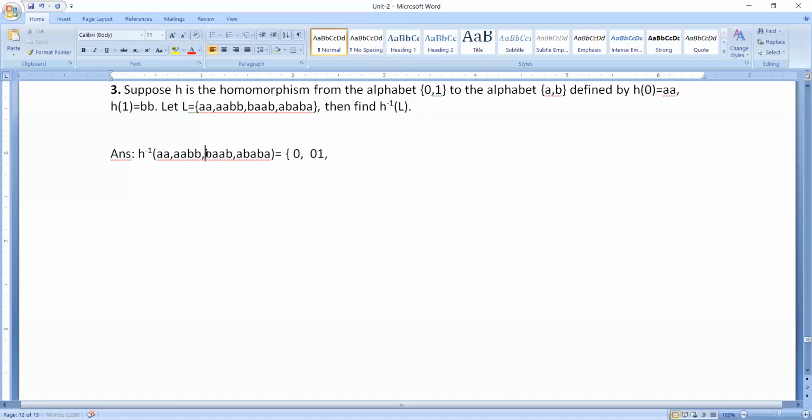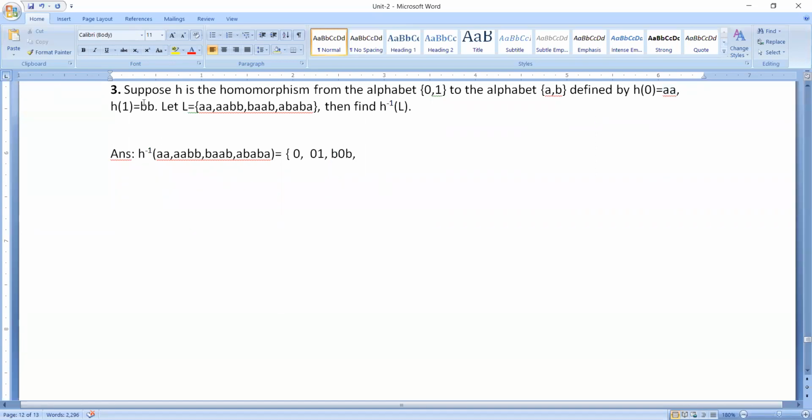Then go for the third one. What is the third one? BAAB. If you observe, we have a small b and a double A. For this double A, we can replace it with a small 0, something like B, 0, B. But what about this small b and small b? We don't have any homomorphic value available for a single small b.